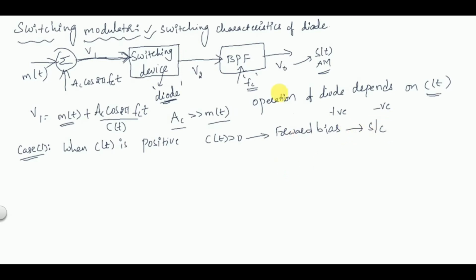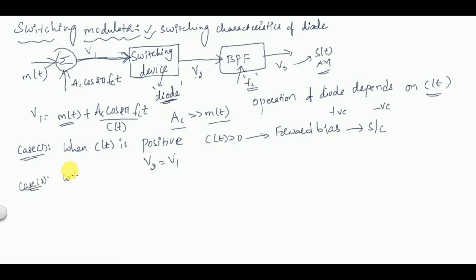When this is short circuited, V2 is equal to V1, because the output is equal to the input. The switching device here is the diode, which is short circuited. So we can write V2 is equal to V1 when c(t) is positive. Now case 2.